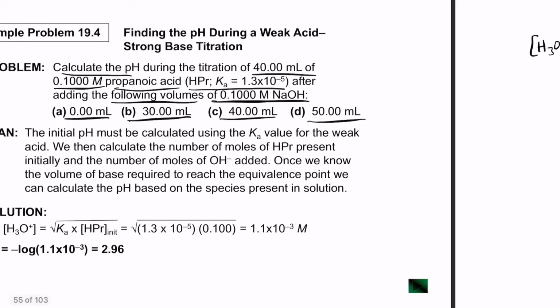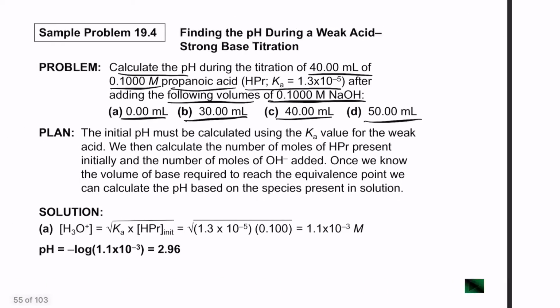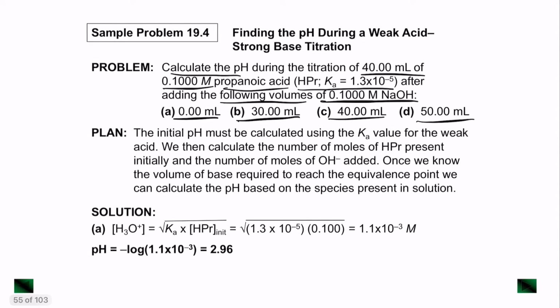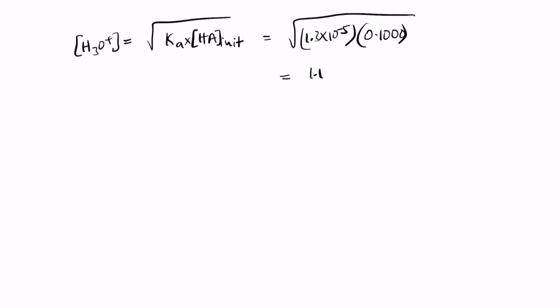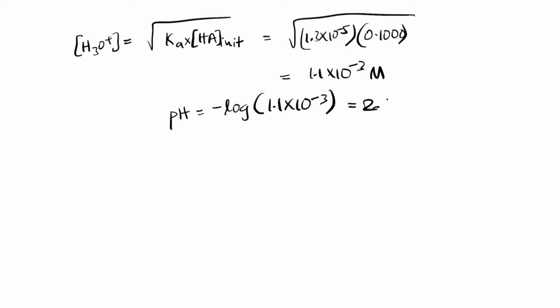The Ka value is 1.3 times 10 to the power negative 5, times the initial concentration, which is 0.100 M. When calculated, this gives you a value of 1.1 times 10 to the power negative 3 M. And from this you can calculate the pH, which is negative log of 1.1 times 10 to the power negative 3, giving a value of 2.96.